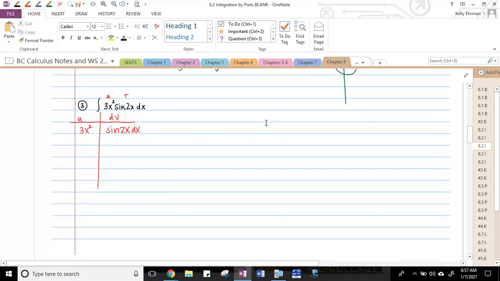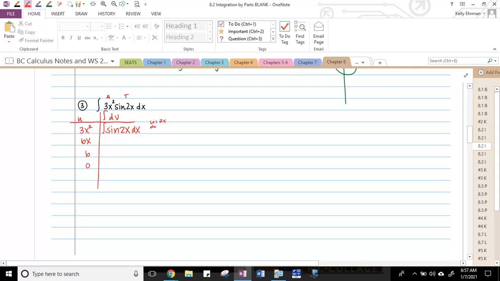So that's great. So the derivative of 3x squared is 6x. The derivative of 6x is 6, and the derivative of 6 is 0. Now be careful with your integrals. There's a little bit of u sub going on, right? When I want to do the integral of sine of 2x dx, there's a little u of 2x.